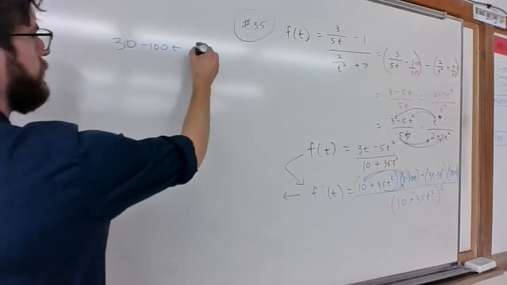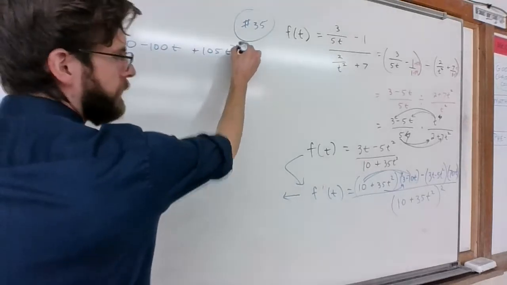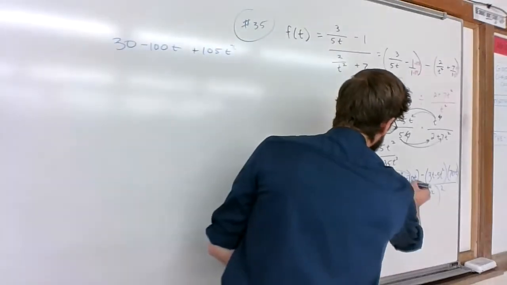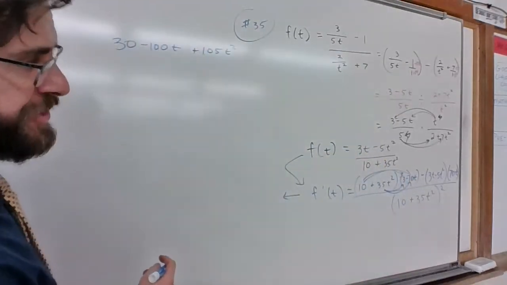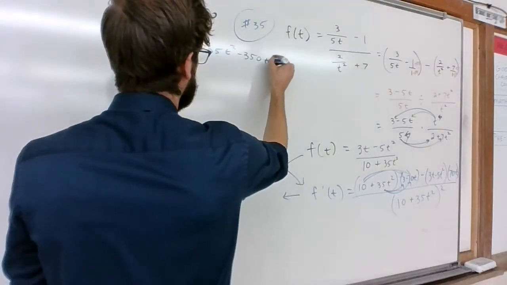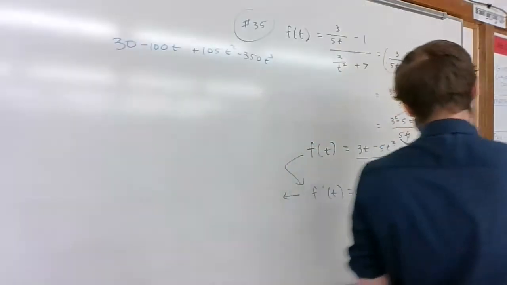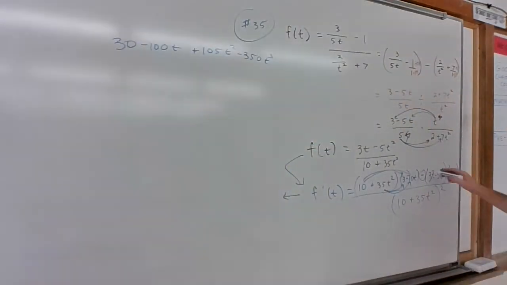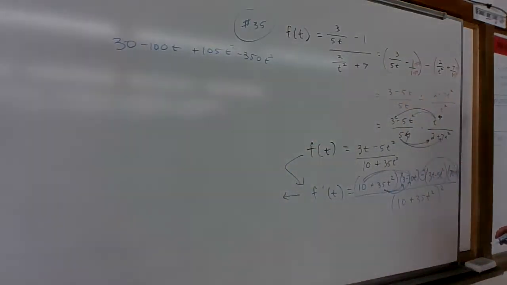105t squared. Minus 350t cubed. All right, and this minus is going to basically be attached to the 70t. So then you've got negative 210t squared.